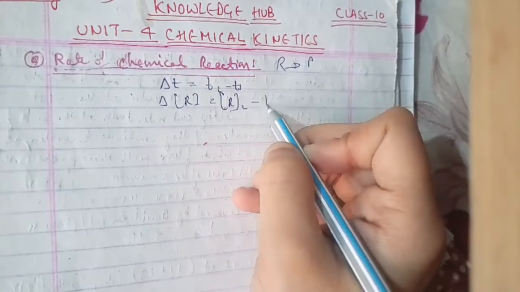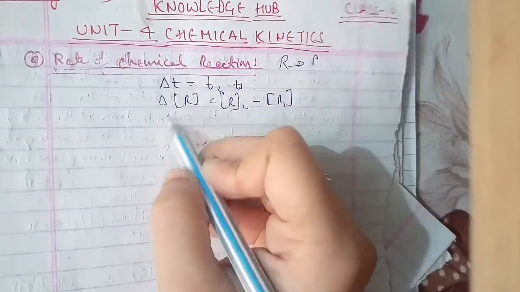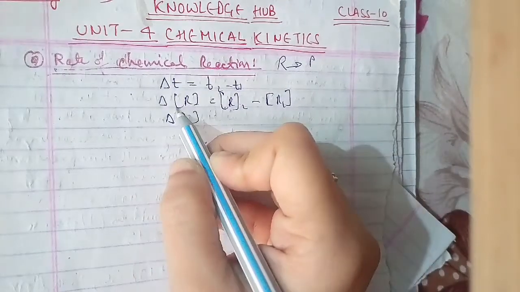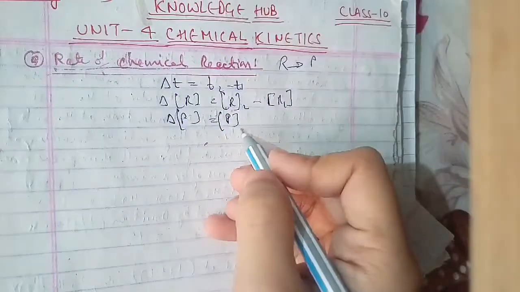The square brackets in these expressions denote molar concentration, and we also have to find the rate of disappearance of R.